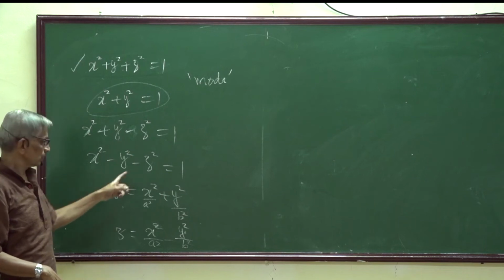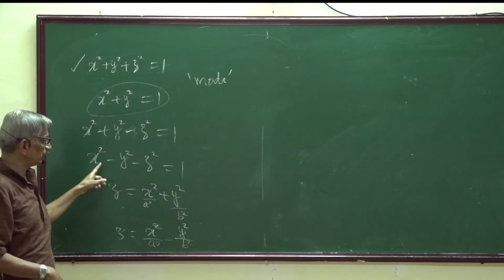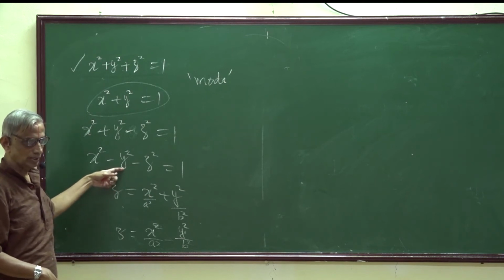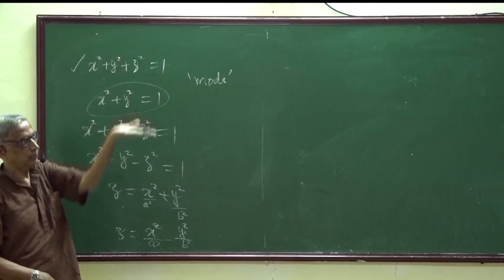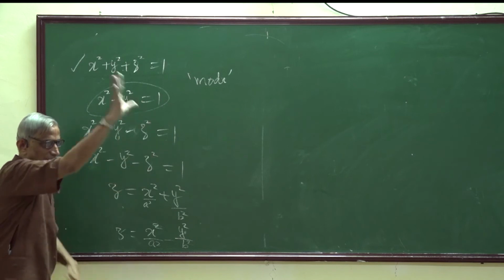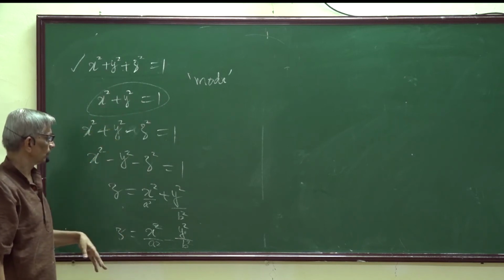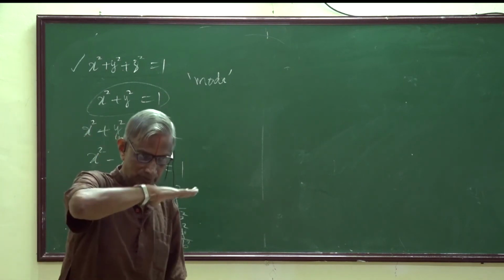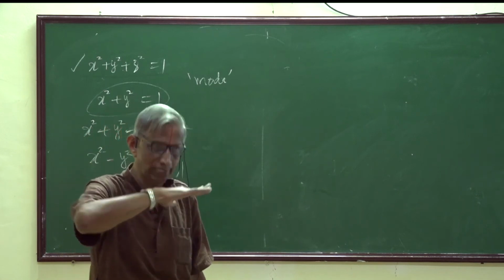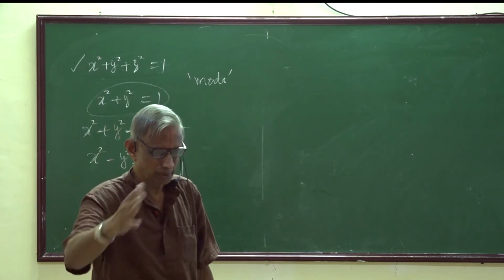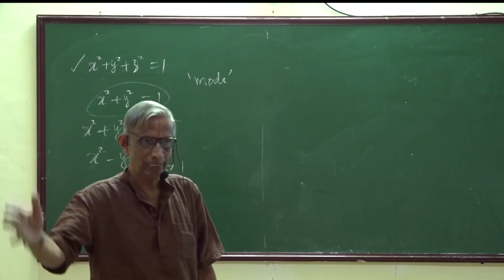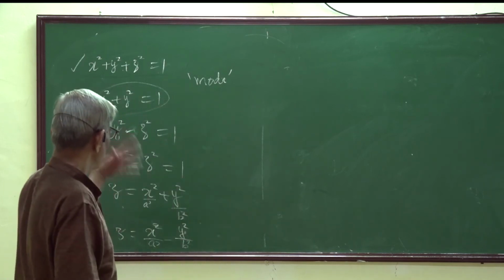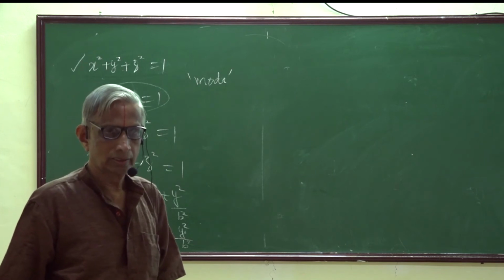Similarly here, this will not pass through the origin, so this is obviously a two-sheeted hyperboloid. Some portion is up and some portion down, with a gap between. So you look at sections like this, that is sections by planes parallel to the xy plane, parallel to the yz plane, parallel to the zx plane. Each will give you a conic.